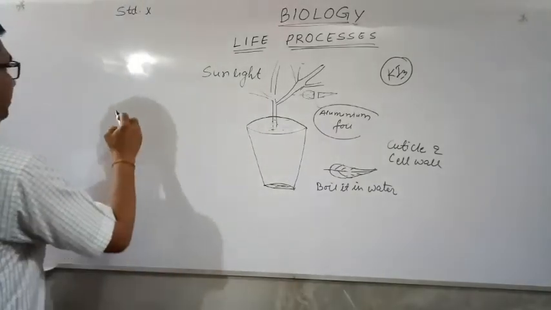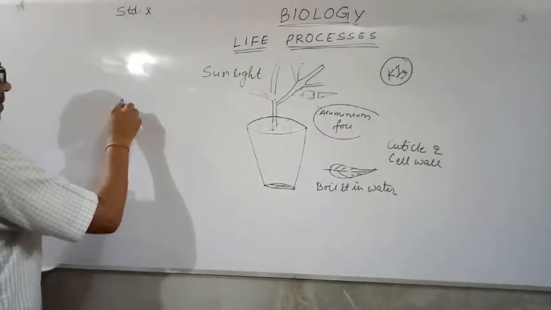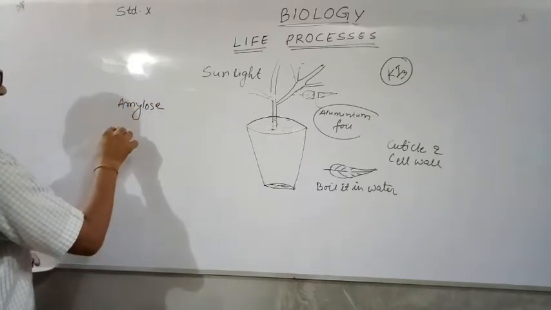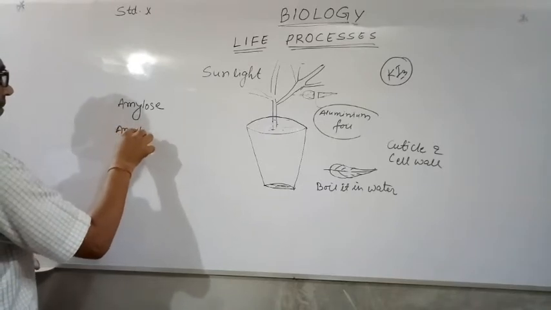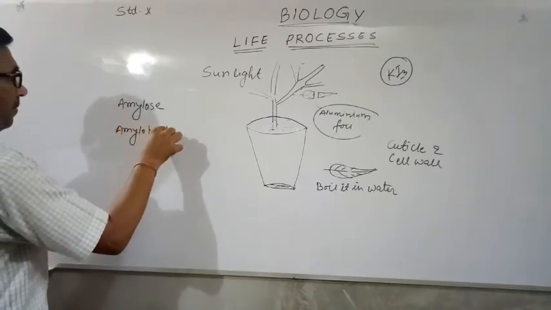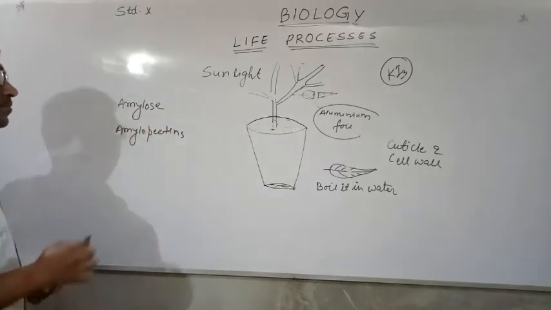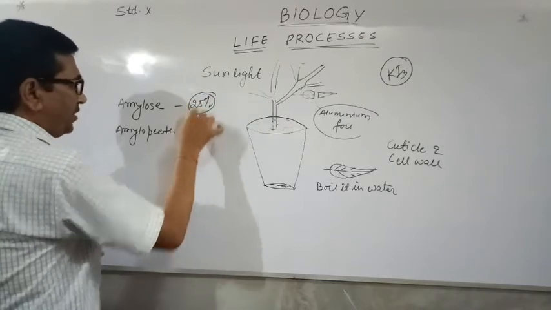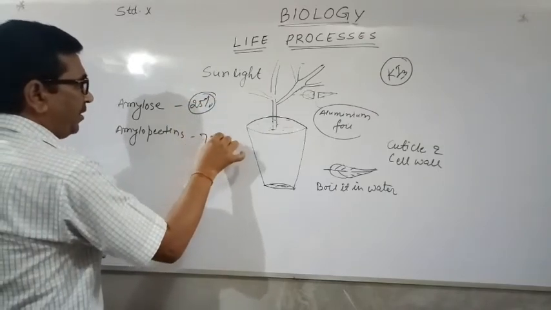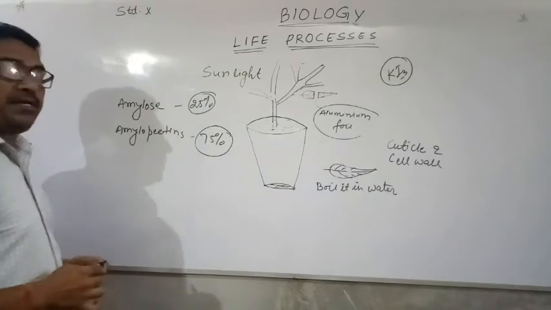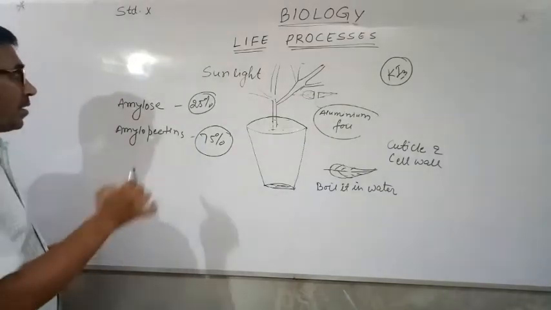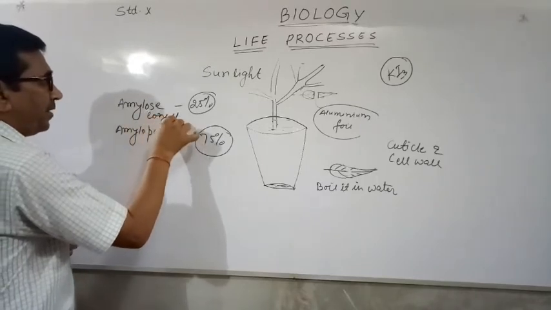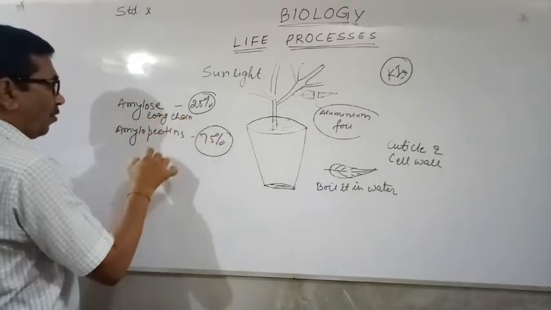One is amylose and amylopectins. Amylose is around 25% and the rest 75% is occupied by amylopectin. Amylose is made of long chain.